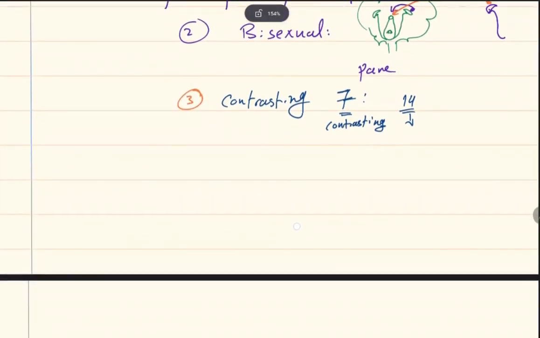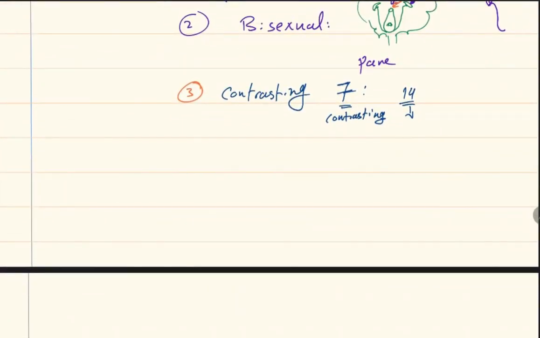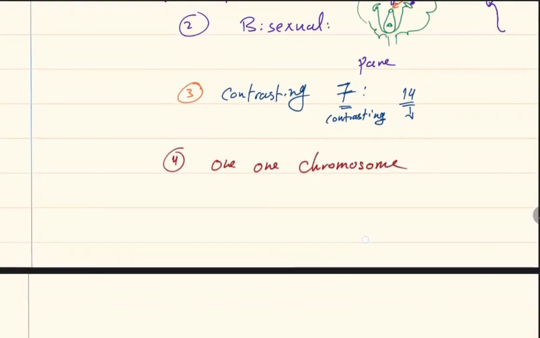And one of the most important things is that we can say Mendel was lucky. Why? Because every characteristic was carried on one chromosome of a homologous pair. It means this chromosome contains only one characteristic.